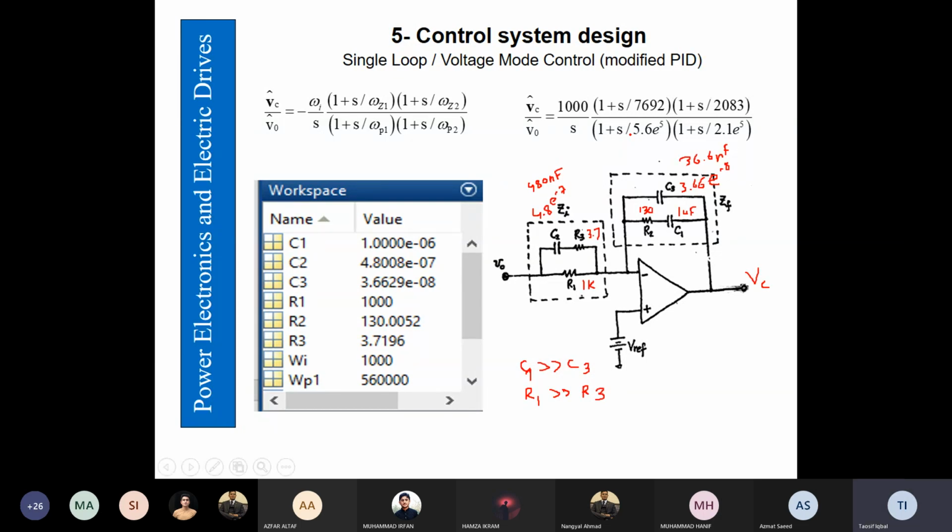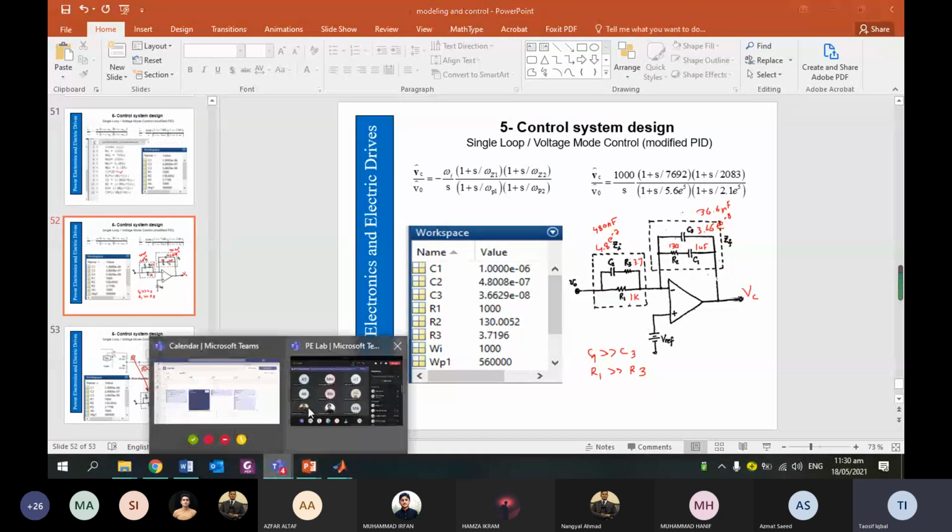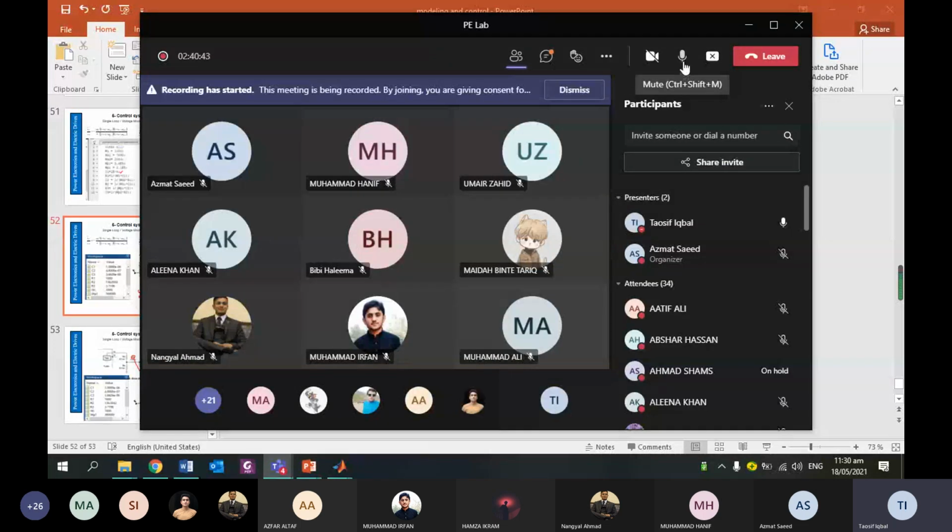Finally, the last step is the implementation in Proteus. So let me open Proteus and show you the PID control, the modified PID control, and how it works in hardware or in Proteus.